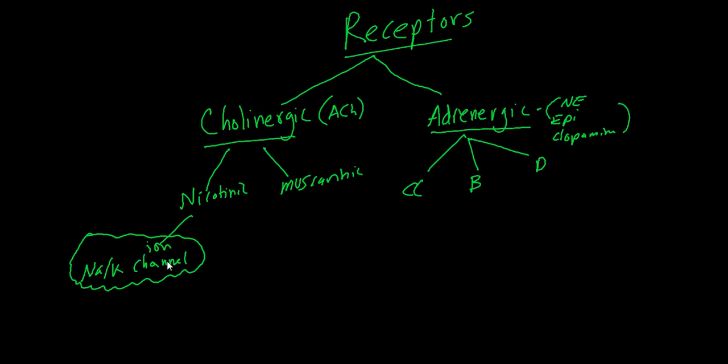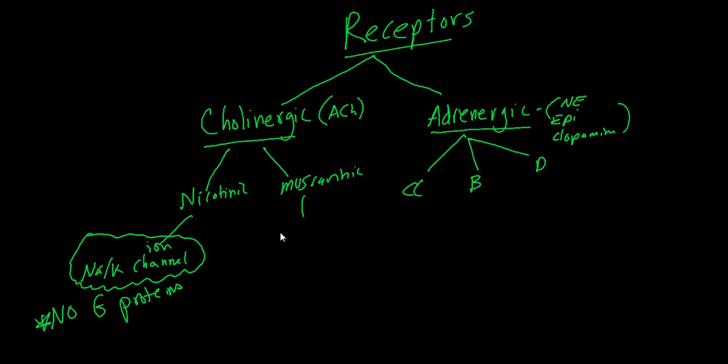The receptor is actually a channel, so when this acetylcholine binds, this channel will open up and stuff can go into the cell, like sodium can go into the cell. So notice how the nicotinic have no G proteins. That is a take-home message. No G proteins are associated with the nicotinic cholinergics.